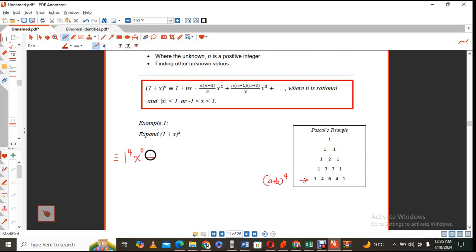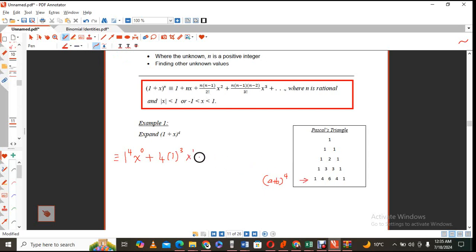The second coefficient will be 4, and then x is now increasing. As x is increasing by 1, then my a value happens to be 1, so that is now going to decrease, and my x is going to gain 1.